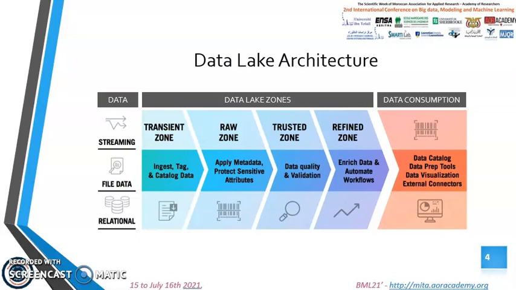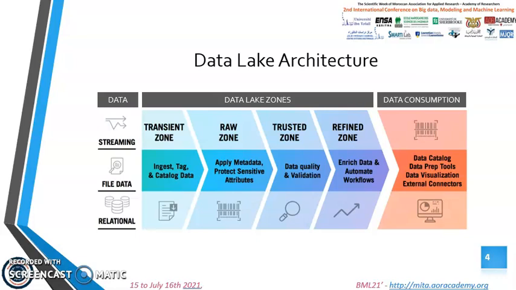So, as you may see here, the data can be retrieved from many sources. We can have streaming data, file data, relational data, and this data will pass across different zones of our data lake. First, the transient zone, where we can ingest, tag, and catalog our data.